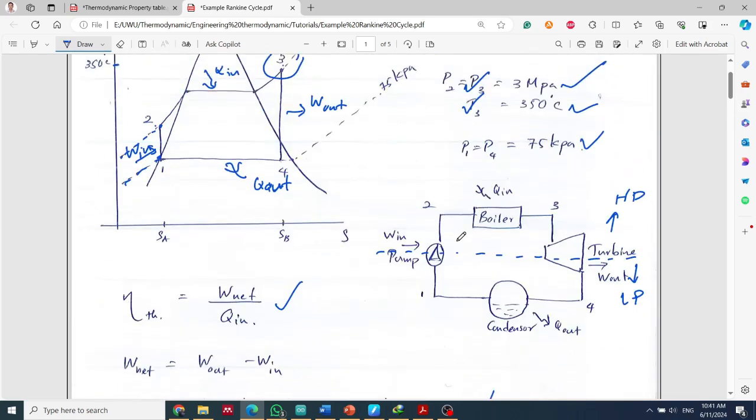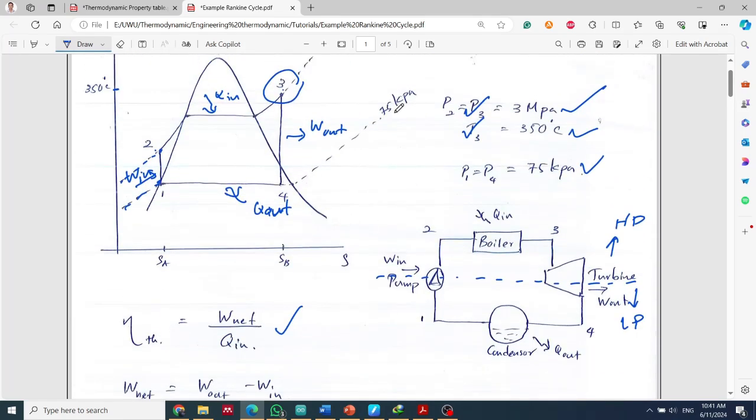We know this point should be on the 75 kilopascal pressure line, but it is hard to say where it is. It can be exactly on the saturated line, or in the superheated region, or in the mixture region. How do we figure out where this point is?